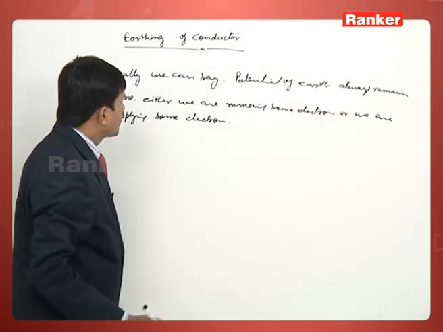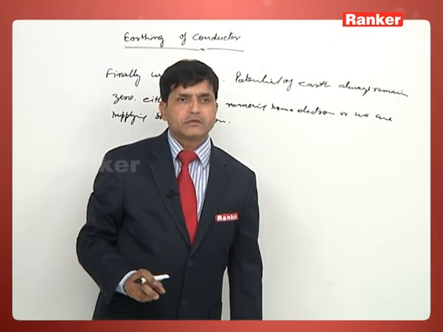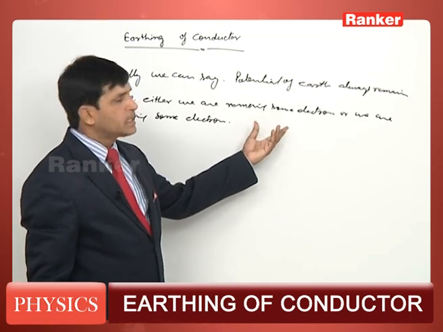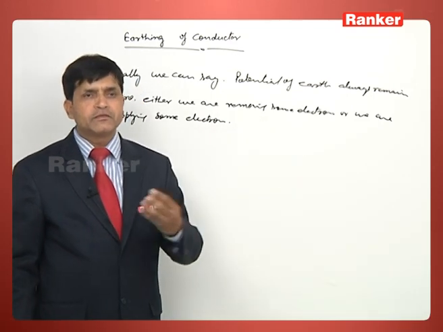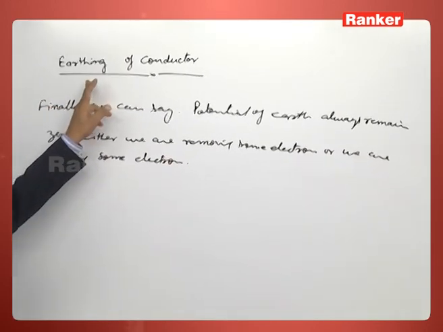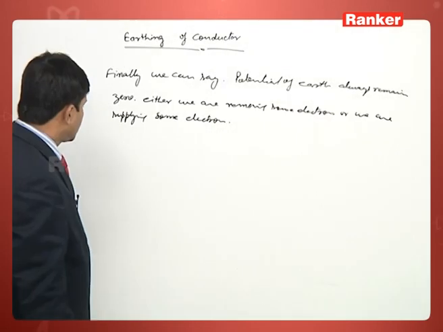So this is the property of the earth: its potential always remains 0, either we are giving some electrons to the earth or taking some electrons from the earth.